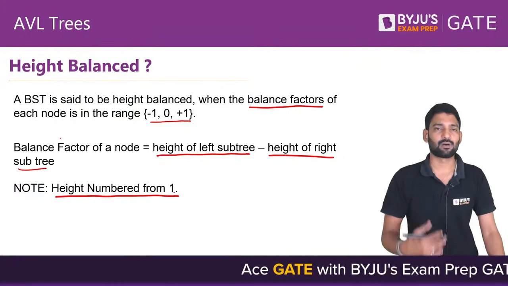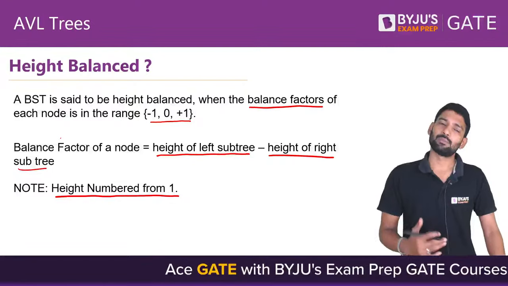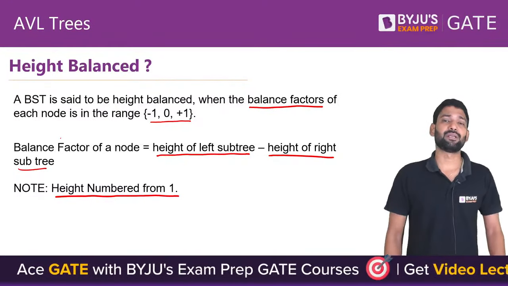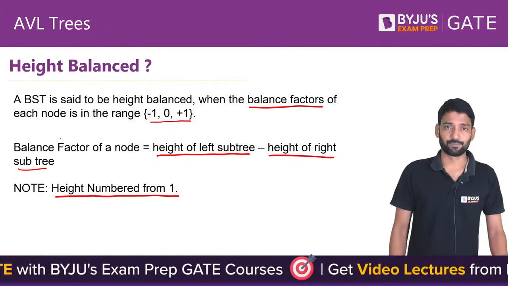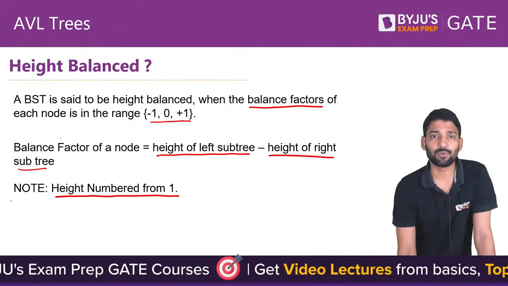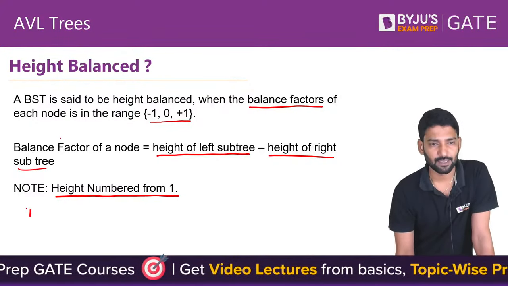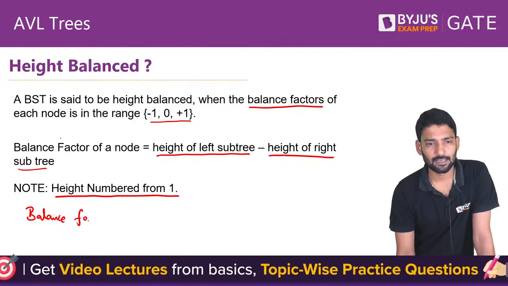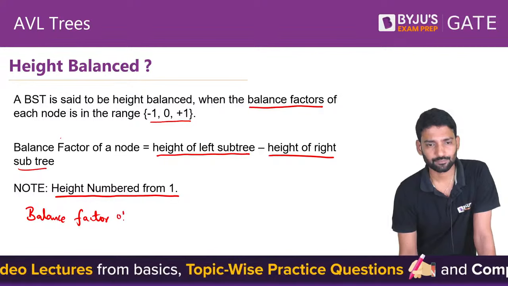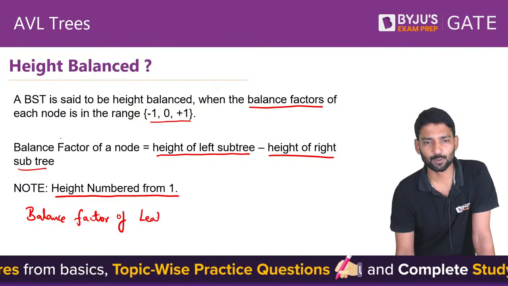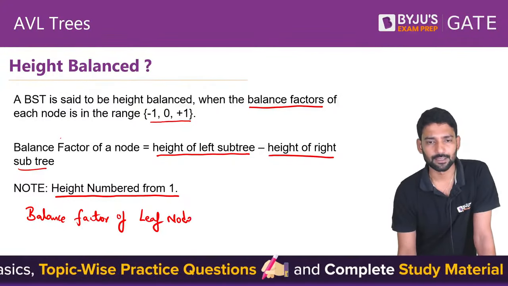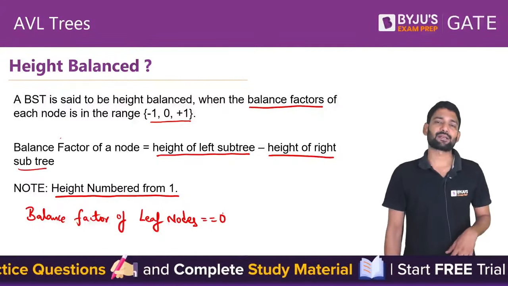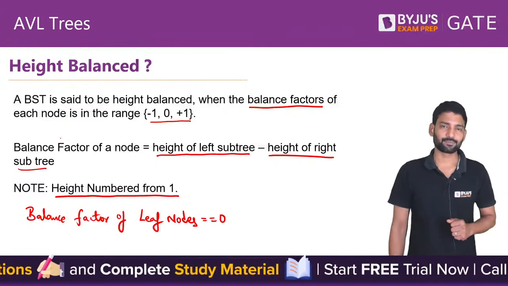Generally we count the height from 0, of course, but in this topic we will count the height numbering from 1. And one more important point: the balance factor of leaf nodes or external nodes will be 0.